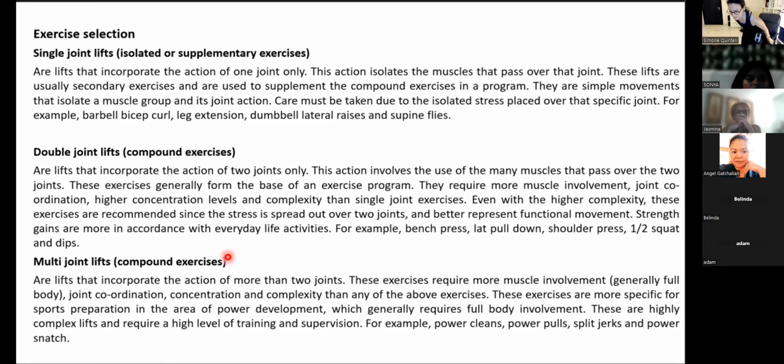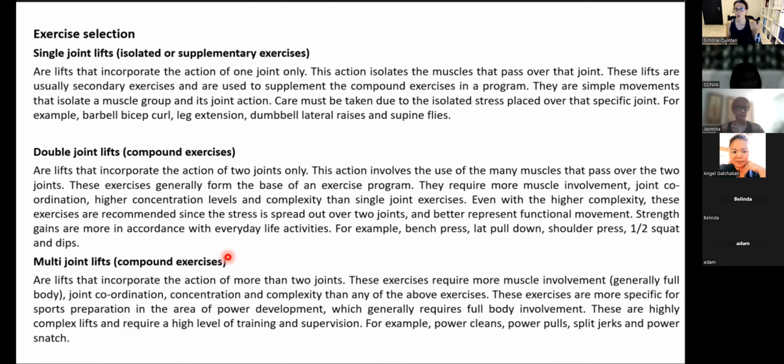But obviously that one is not an athletic multi-joint lift. It's also a compound exercise, but because you're not only using your knees and your hips, you're also using your biceps.